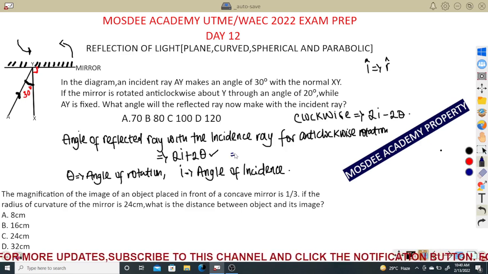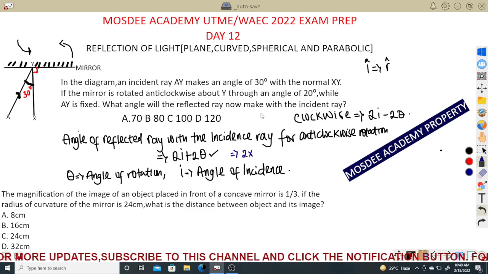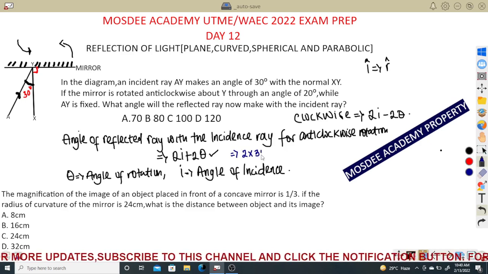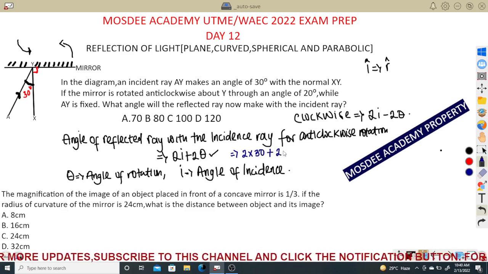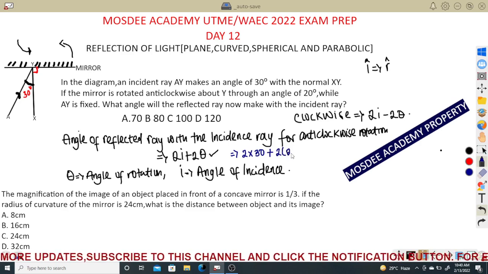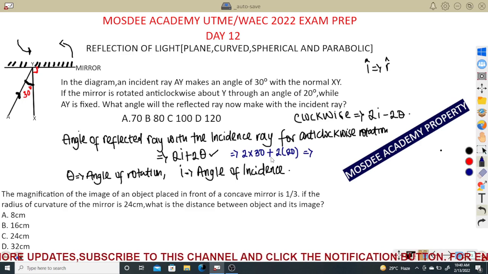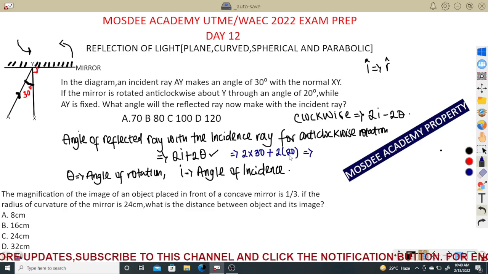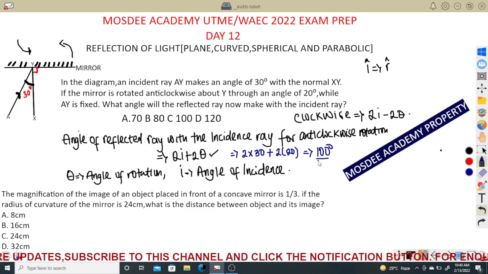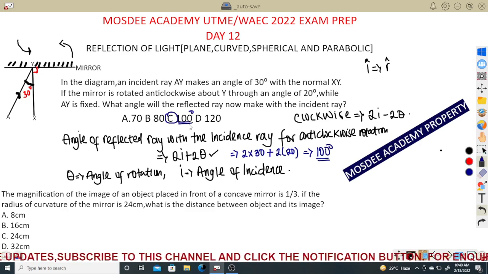Directly we can say 2 times the incident angle, which was 30, plus 2 times the rotated angle, which is 20. On simplification, 2 times 30 is 60, plus 2 times 20 is 40. 60 plus 40 gives you 100 degrees. So the answer to this question is 100 degrees.